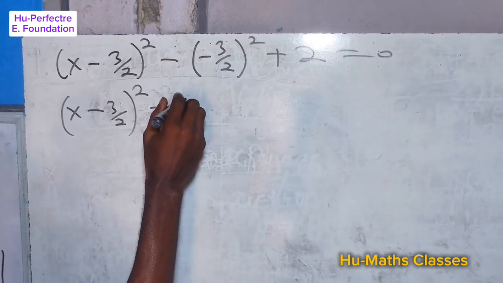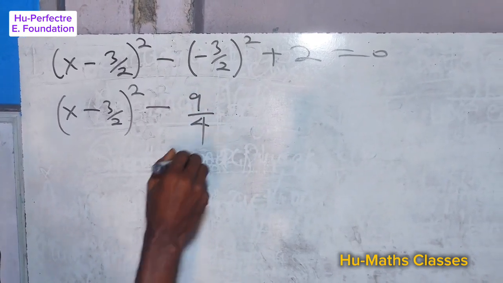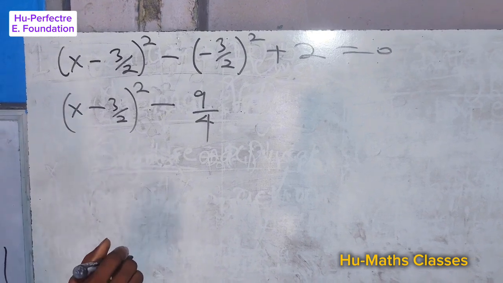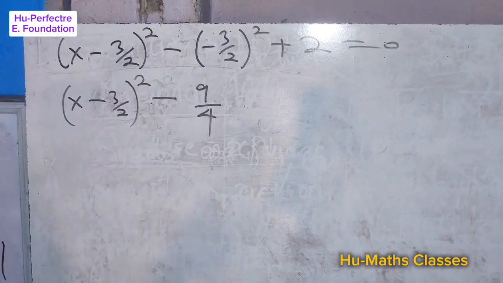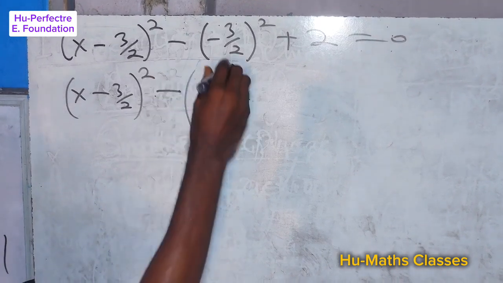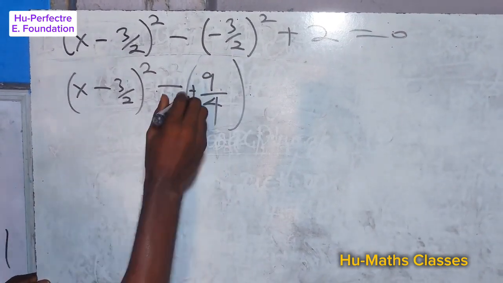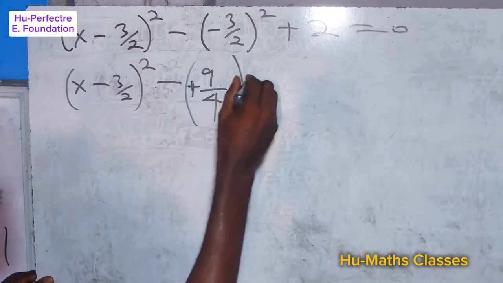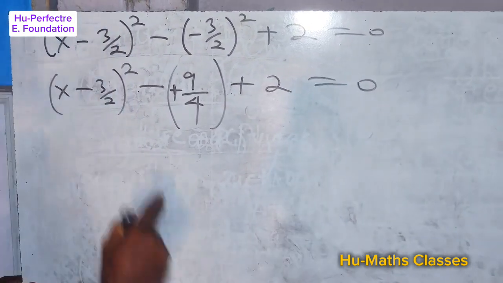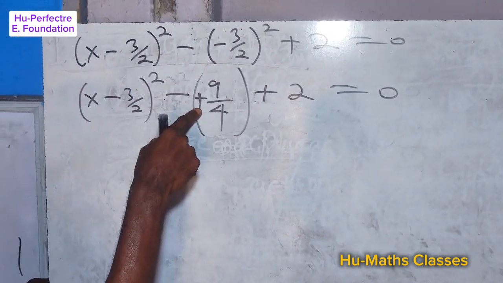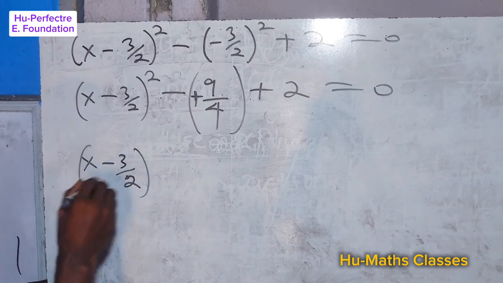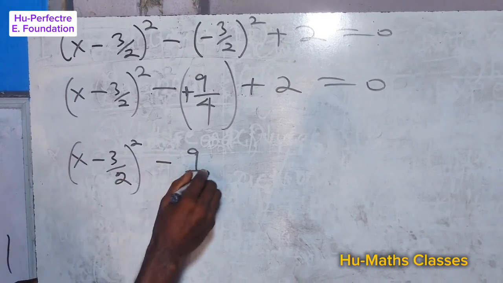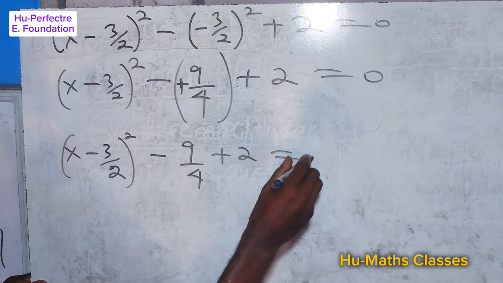That will give us 9 over 4. Then this minus sign will affect the plus number in the bracket, so we'll have x minus 3 over 2 all squared minus 9 over 4 plus 2.